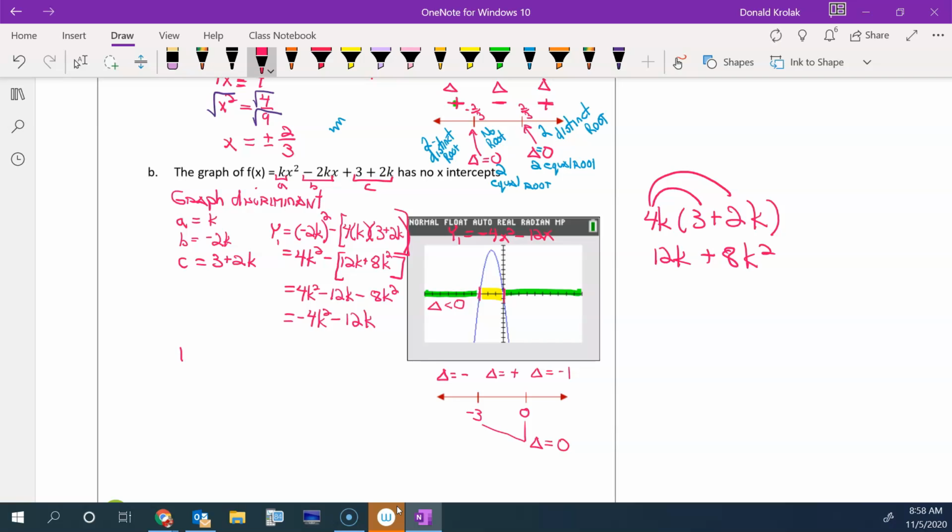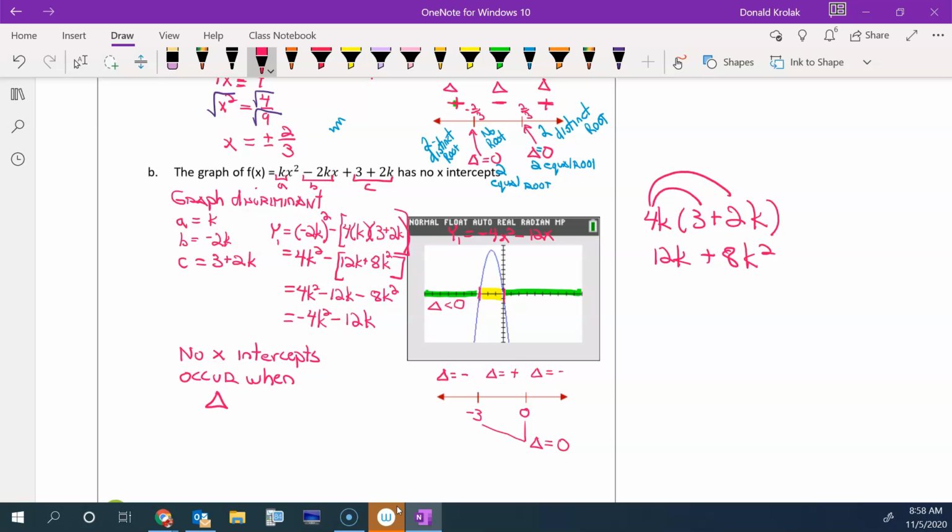All right, so no x-intercepts occur when delta, which situation creates no x-intercepts? Negative. I should have just written negative, not negative 1.